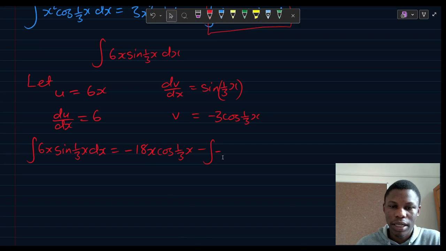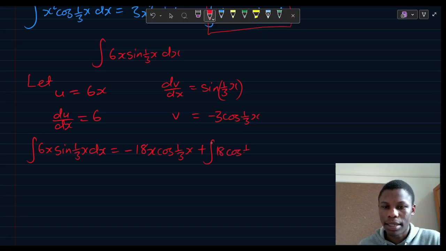In fact, I'm going to have negative, so I can just write that as plus. And that's 6 times 3, which is 18 cos 1/3 x dx.